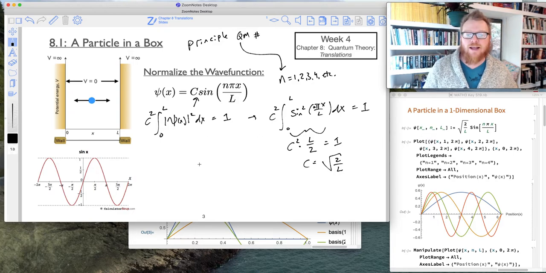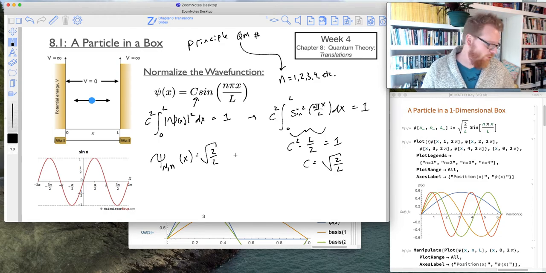And so now I'm going to write this new wave function here as psi. And I'm going to write here a capital N to tell me that it's been normalized. But I'm also going to put this lowercase n to tell me that I've got this new wave function that's dependent on this interesting integer, this quantum number n.